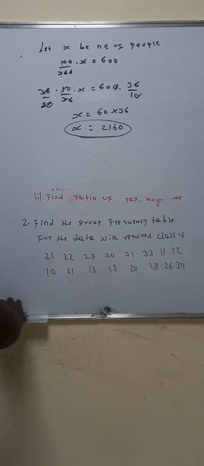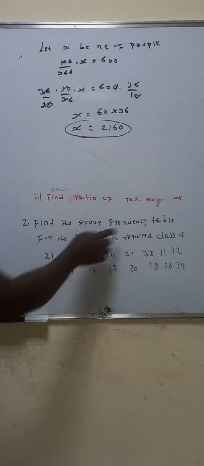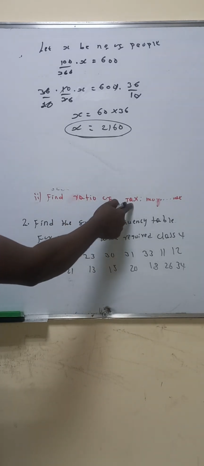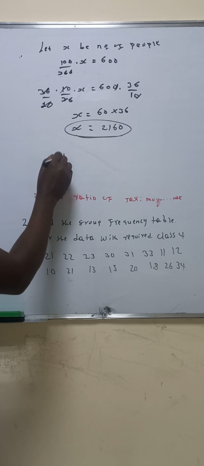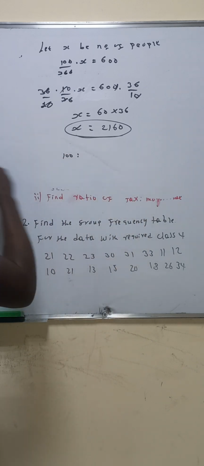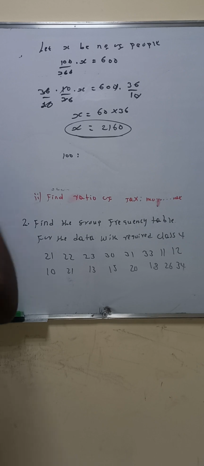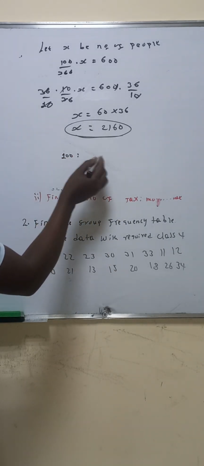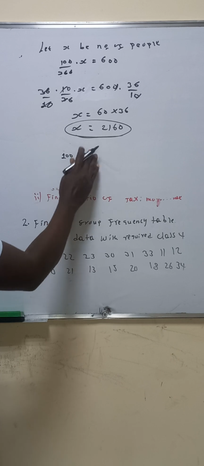When you come to the second problem, find the ratio of taxi, motor, and ride. You know, the degree, the sector indicators. The people who use taxi is already 100, and for the motor, you can look at the diagram, which is, I think, almost 70 degrees.